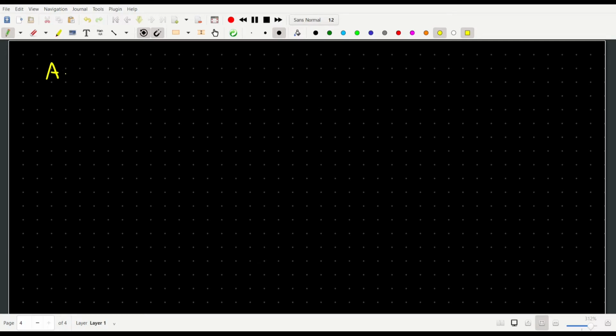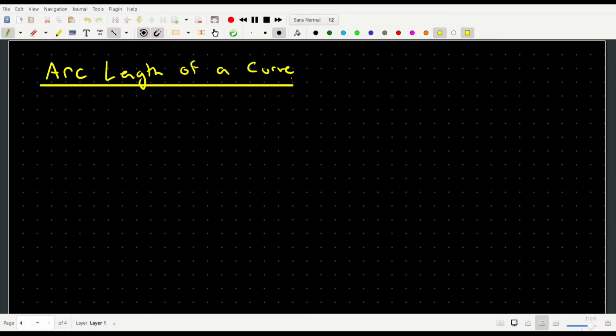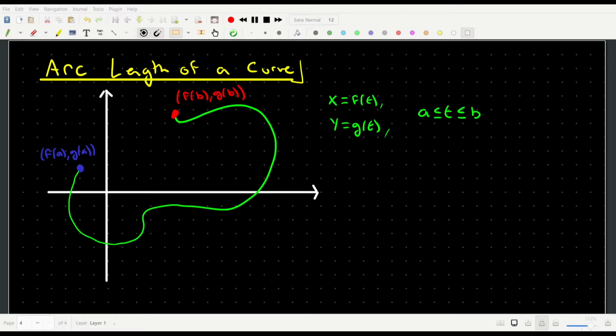This is going to lead into what's called the arc length of a curve. So suppose that we have some parametric curve, x equals f of t, y equals g of t, for the parameter t between a and b.